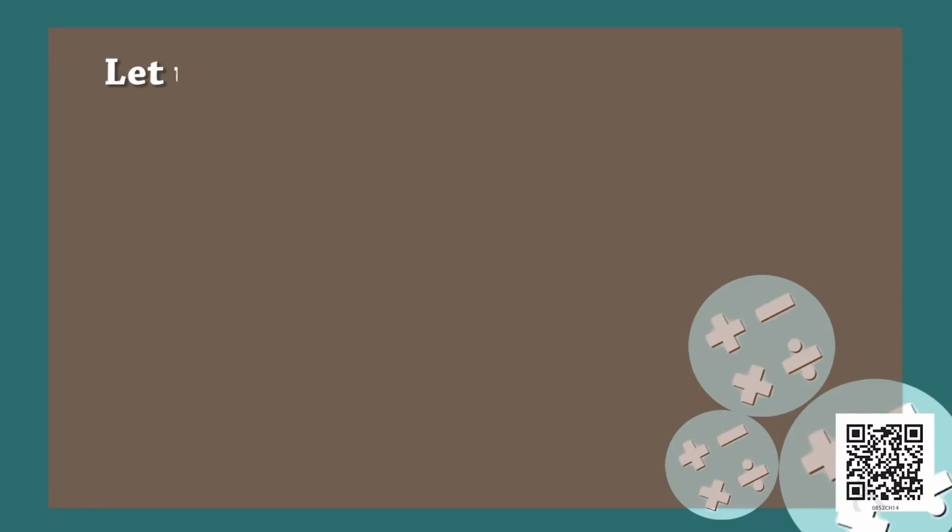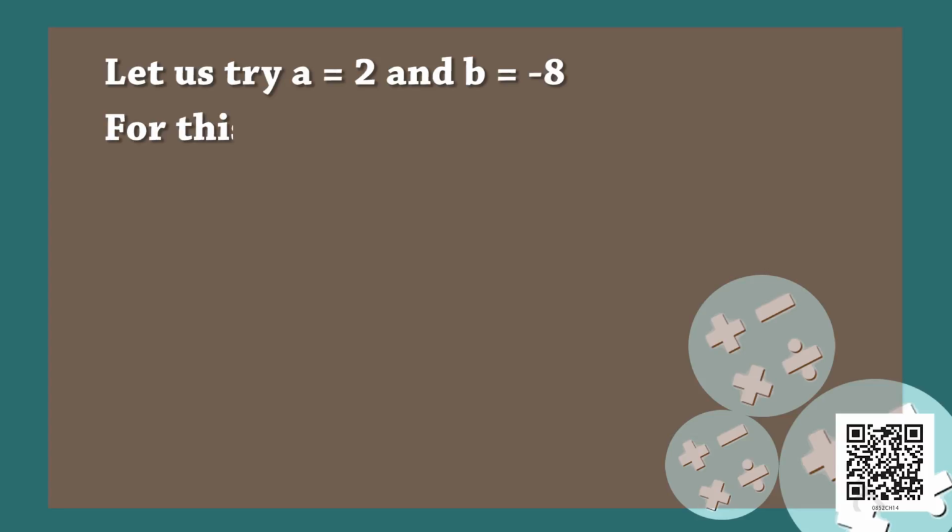So, let us try a is equal to 2 and b is equal to minus 8. For this a into b is equal to minus 16, but a plus b is equal to 2 plus minus 8, that is minus 6, which is again not equal to plus 6. Therefore, this choice is also not right.